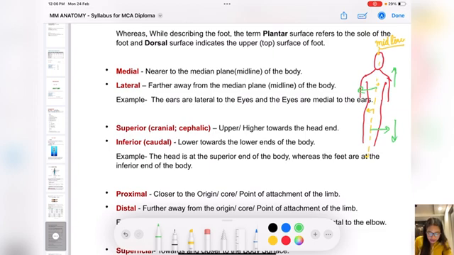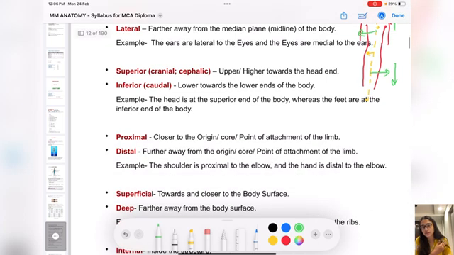Now, proximal and distal. What is proximal? Anything closer to the attachment of the limb. The joint closer to the attachment of the limb. I'll show you in the diagram. This is the shoulder, this is the elbow, then the elbow is proximal.